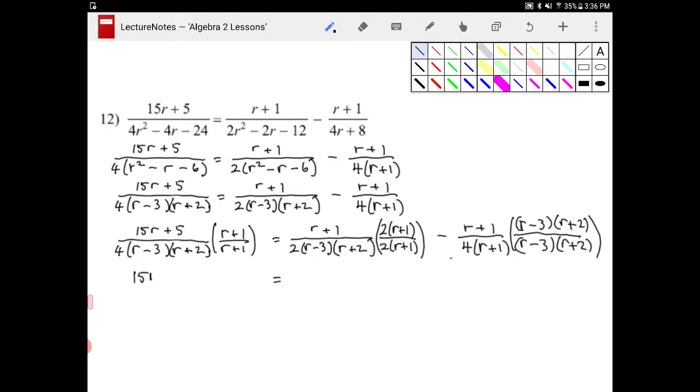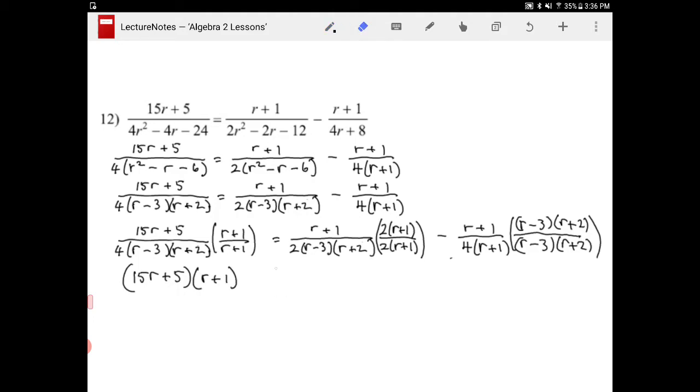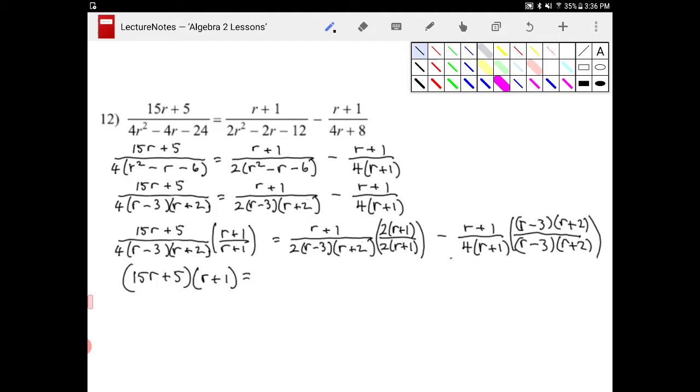This is 15r plus 5 times r plus 1, and this is equal to 2 times r plus 1 times r plus 1 minus r plus 1 times r minus 3 times r plus 2.